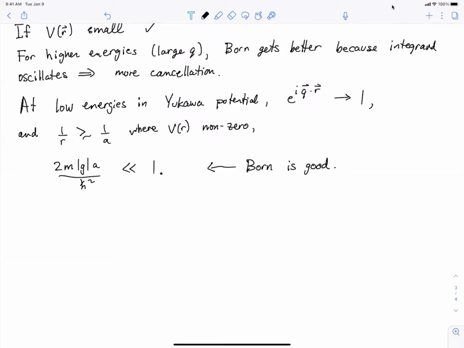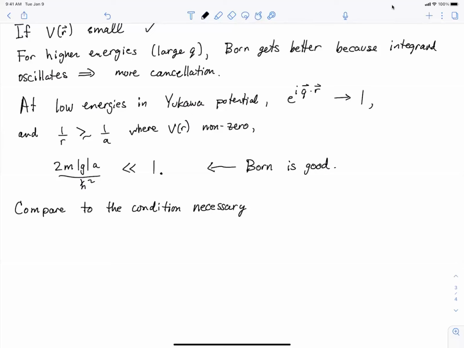And so you can compare this to a different condition, namely the condition to have a bound state for the same potential. So you may recall that in 3 dimensions, as opposed to 1 dimension, potentials don't always have any bound states. You have to have the potential be strong enough in order to have a bound state.